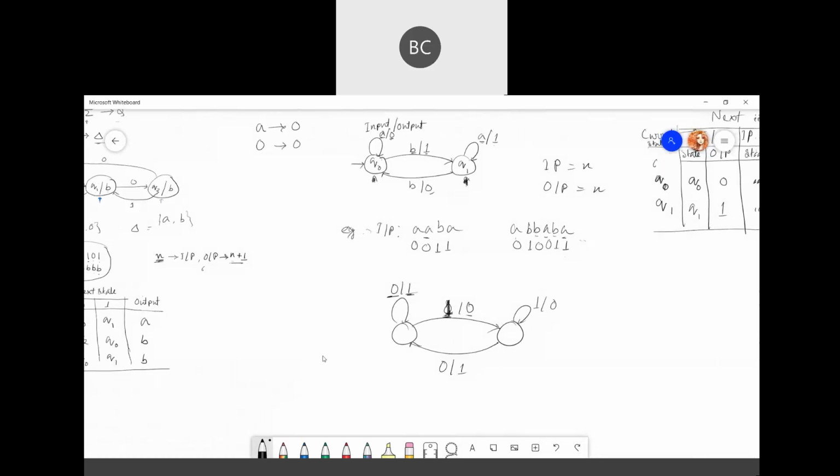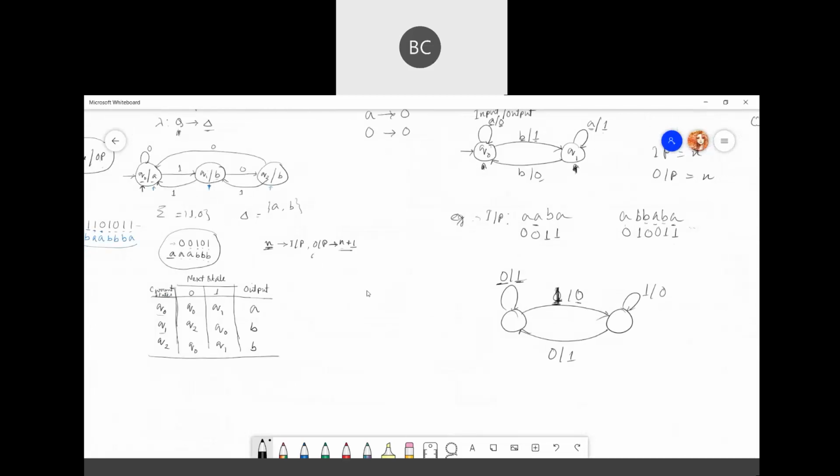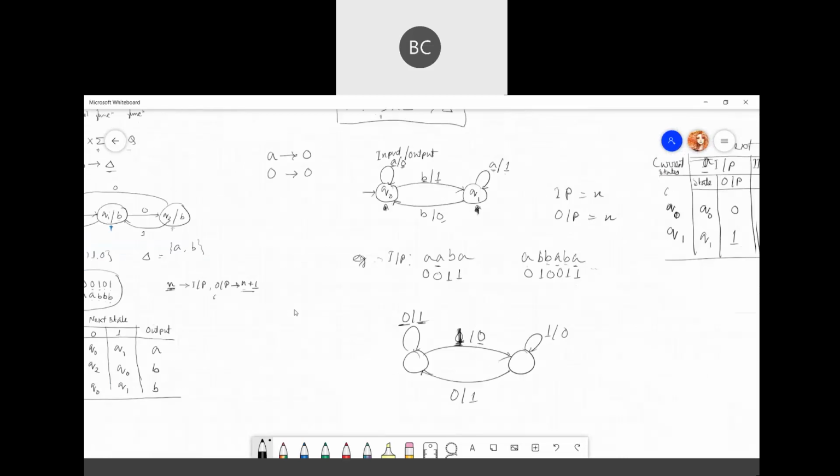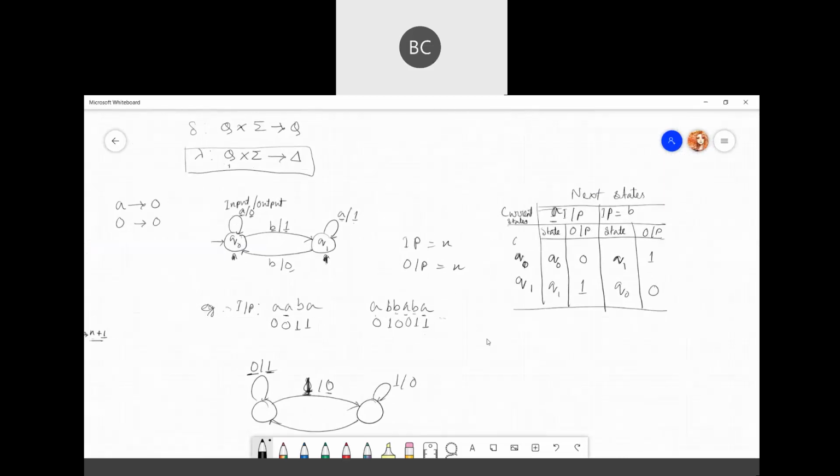The transition table for Moore machine was just like your DFA, just that extra output was there. But in case of Mealy machine, along with the state, the output is also there.